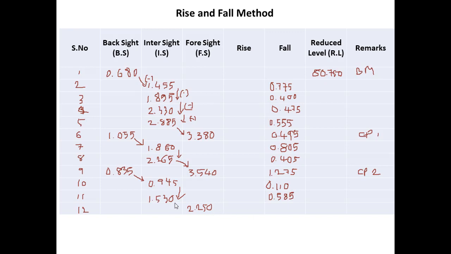At last, 1.530 minus 2.250 gives the answer of minus 0.720, that is also minus, so we write under the column of fall.